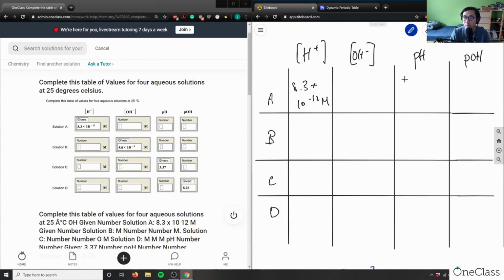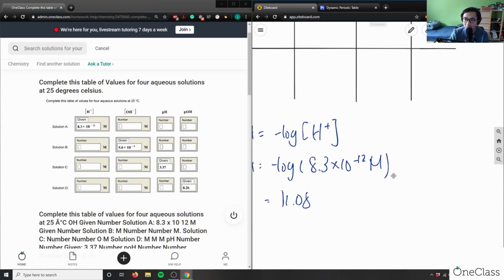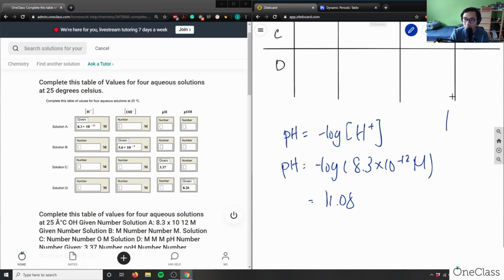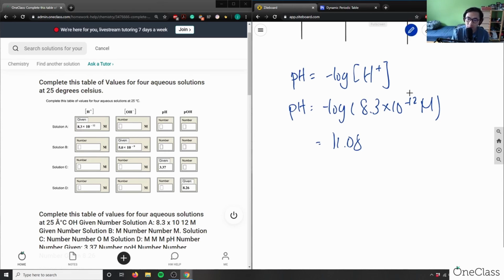So I can plug in my pH here. This is 11.08. Again, pH plus pOH has to equal 14, right? So another useful formula here is the sum of pH plus pOH has to equal 14.